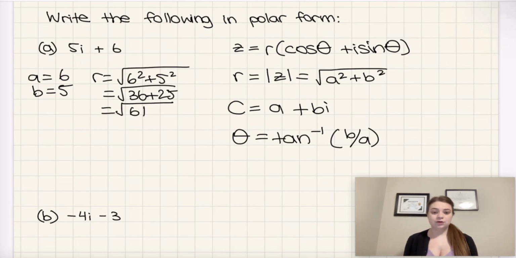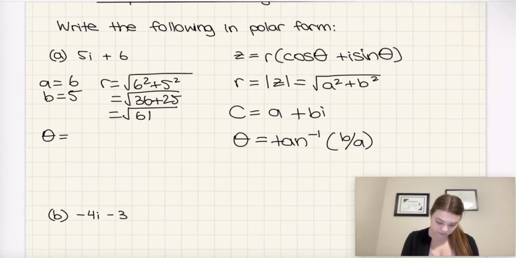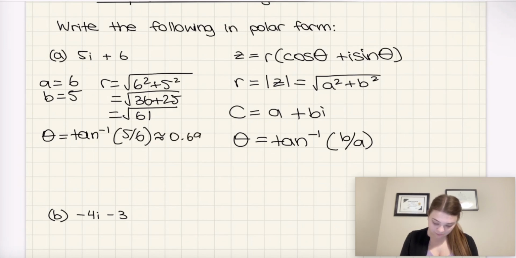Okay, now we're going to compute theta. Theta is going to be equal to tan inverse of 5 over 6, and that's going to be about 0.694 radians.